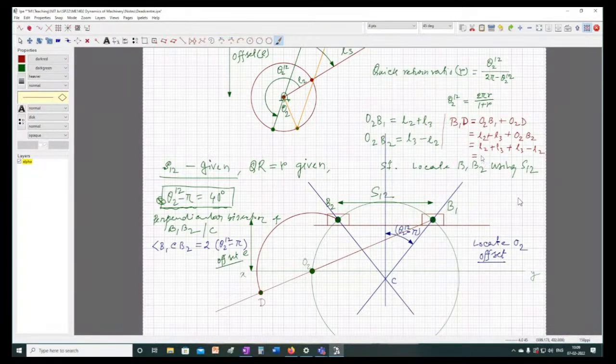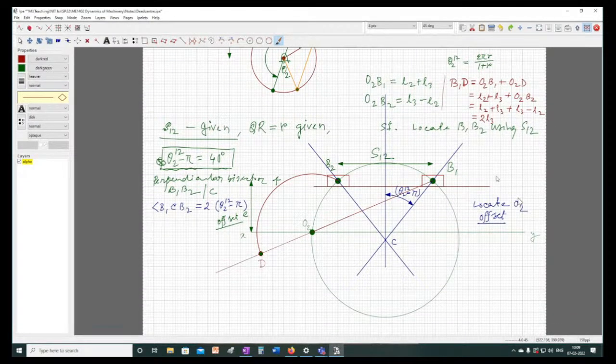It is 2L3. Now, if we draw a perpendicular bisector of B1D, then we will have the intersection point at the distance L3 from the B1 point, right? Let's do that.